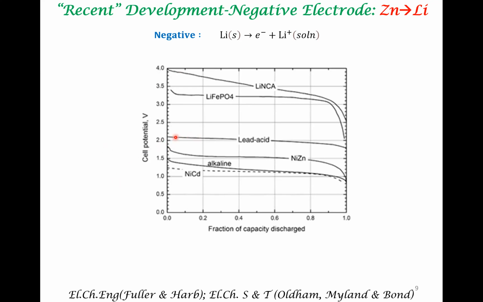Okay, so the lead acid battery has this cell potential, but for the lithium ion batteries the potential is almost twice as much. And compared to your most common NiCad battery or alkaline battery, the lithium batteries will have more than twice that potential. So that is a significant advantage.